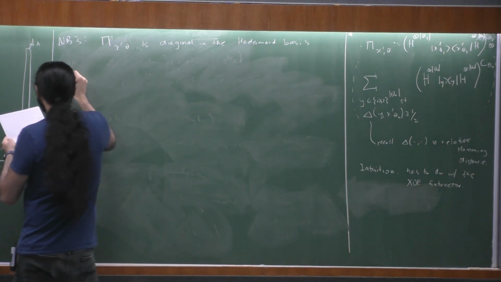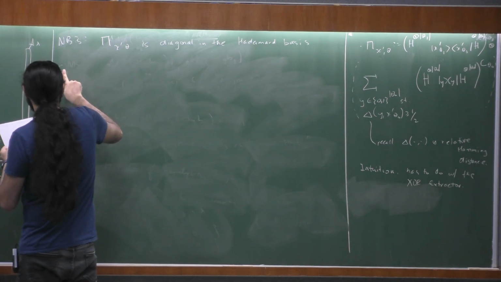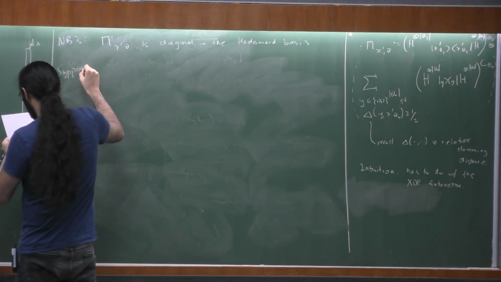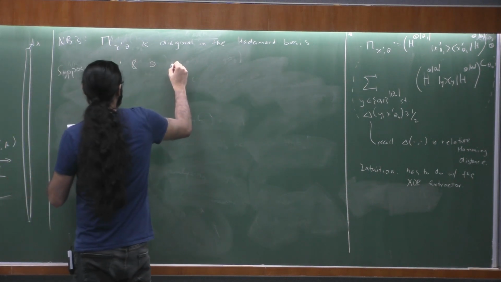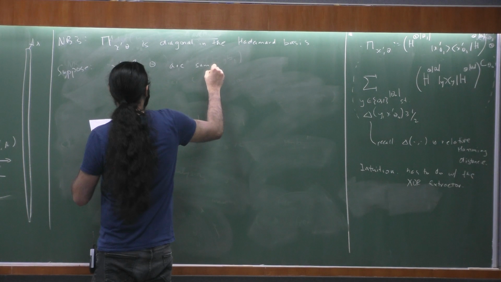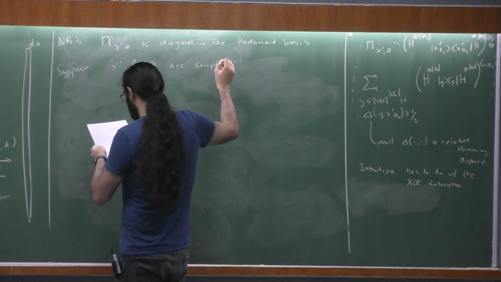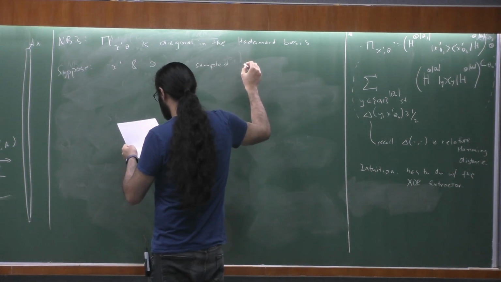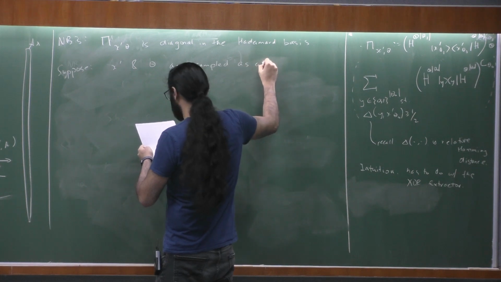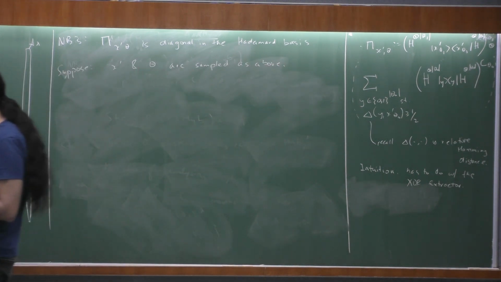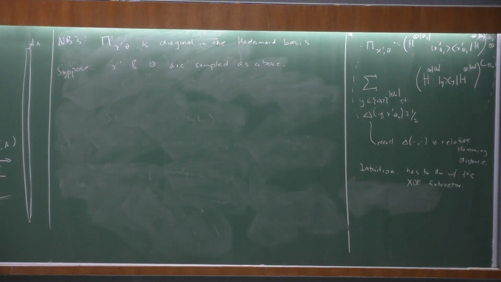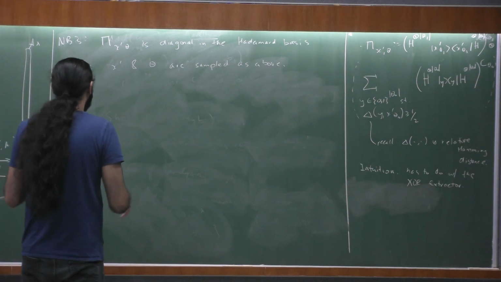Okay, good. So now suppose x prime and theta are sampled as above. So x prime was sent by the adversary, and you stopped the execution, and theta you sampled independently. So you got these two.